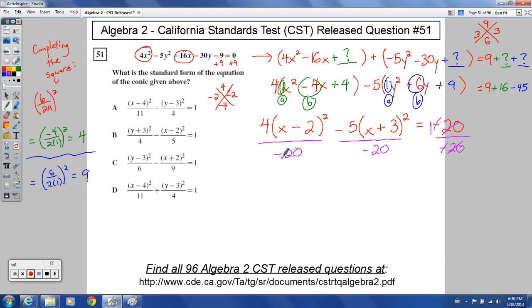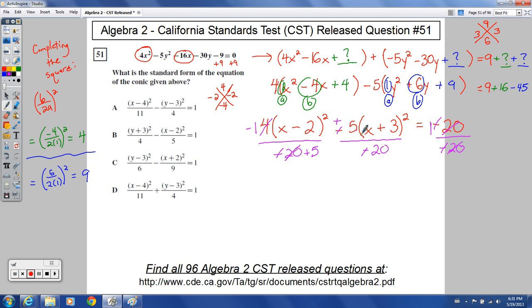Let's see what else will cancel. This would become, I won't want the negative on the bottom. I always have positive values on the top. So if I divide this by negative 4, I would get negative 1. If I divide this by negative 4, I'd get positive 5 here on the bottom. And then negative divided by negative, that would cancel.